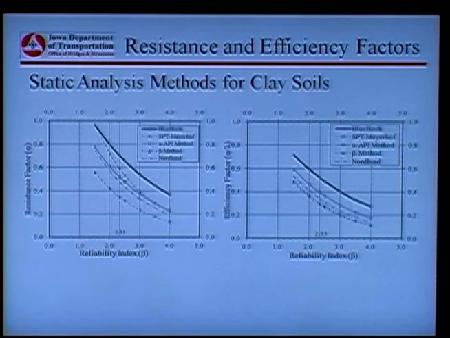Right? So think about that. Higher factor of safety, right? Smaller chances that you're going to fail. Right? Same thing here. As the reliability index increases, you end up with smaller resistance factors.